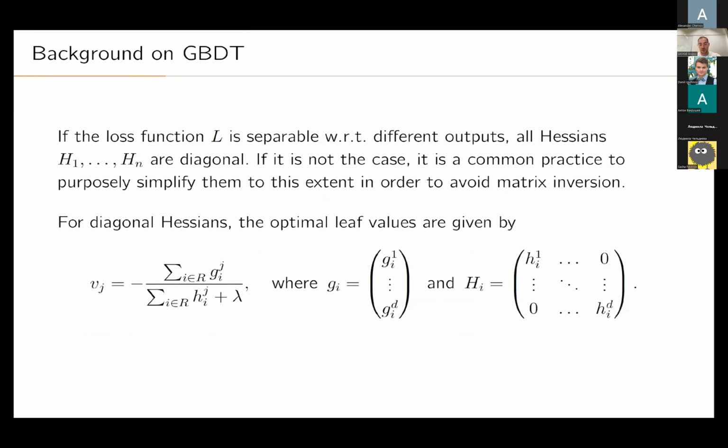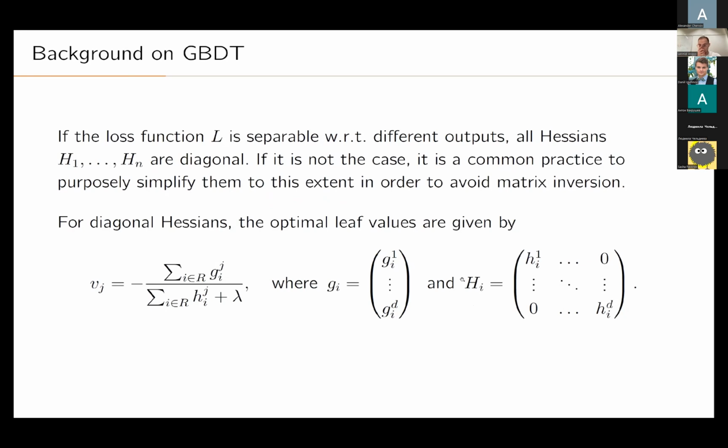Here, there is one remark I should make. If we consider second order derivatives, and if we have, for every sample, full matrices without any sparsity, then to find optimal leaf values we need to solve a quadratic equation, which means that we need to invert these second order derivatives.